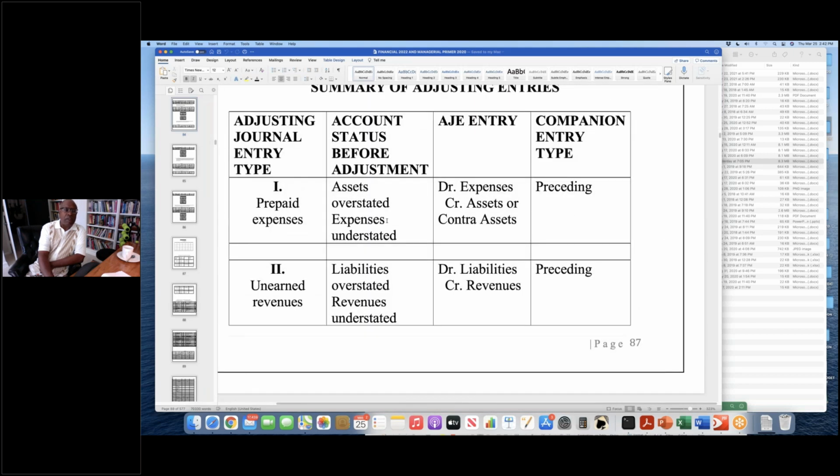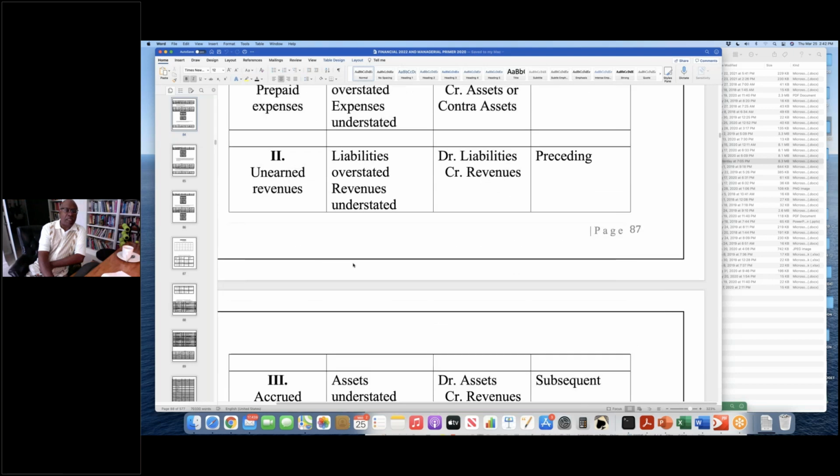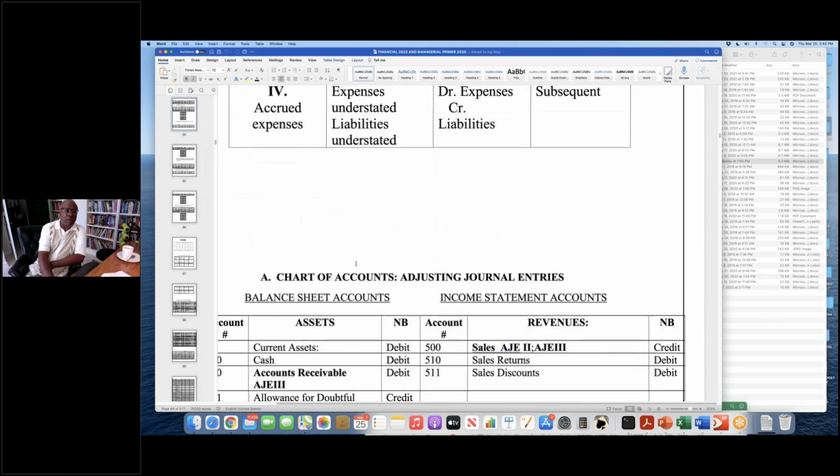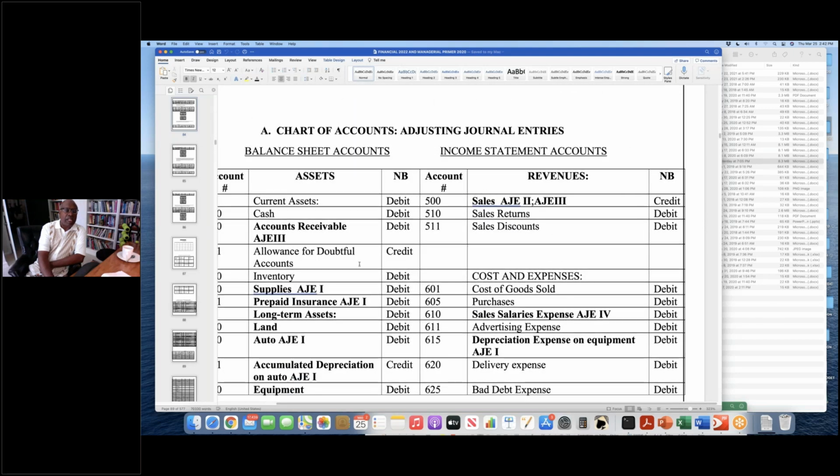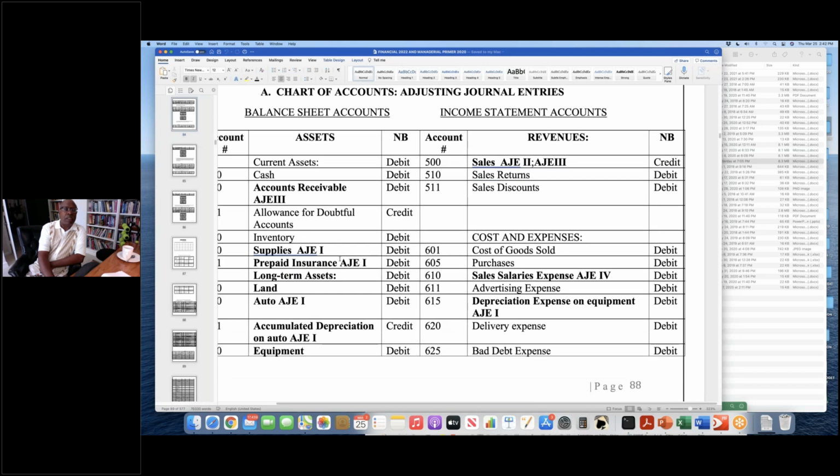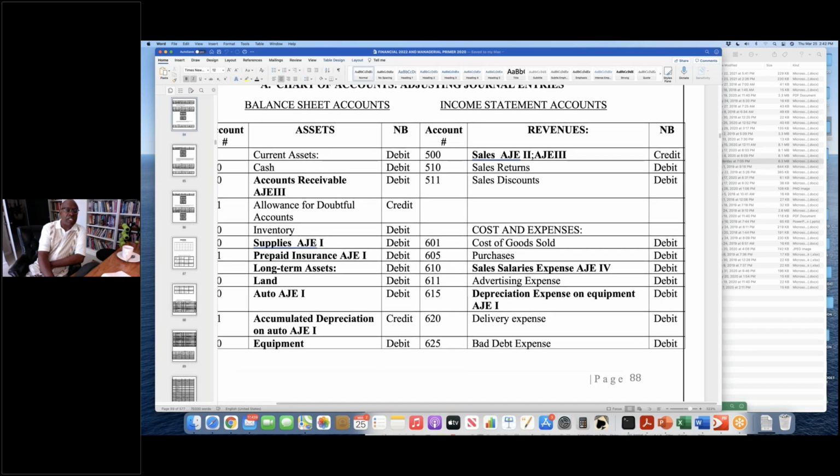Now, if we were dealing with a prepaid expense, which is that type 1, notice the adjusting entry is going to be involving these accounts here.